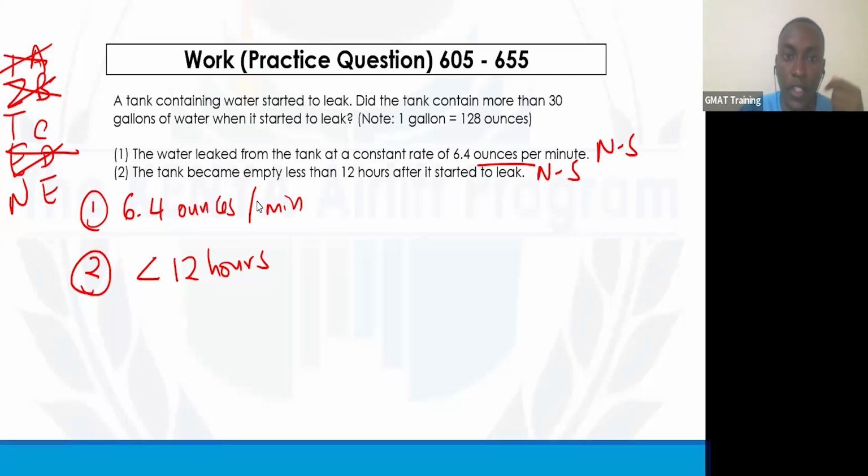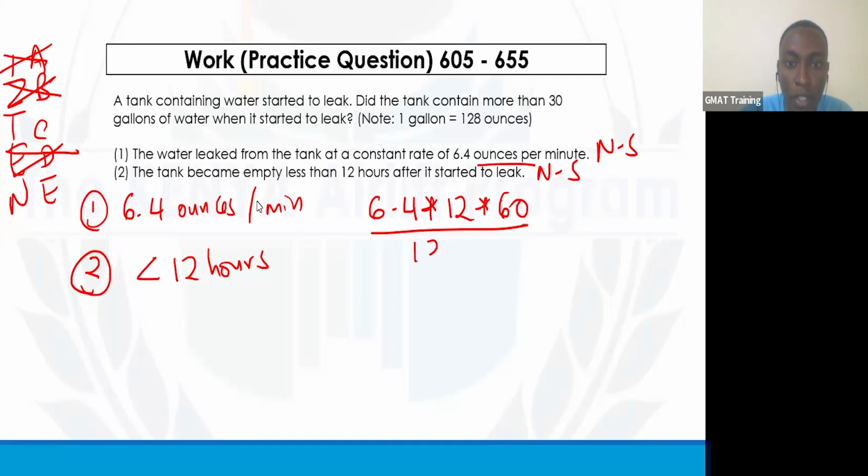So let's determine that. We have the water leaked at a constant rate of 6.4 ounces per minute, and the tank became empty in less than 12 hours. So let's say at 12 hours, we have 6.4 ounces for every minute in these 12 hours. So 60 divided by the number of ounces, 128.